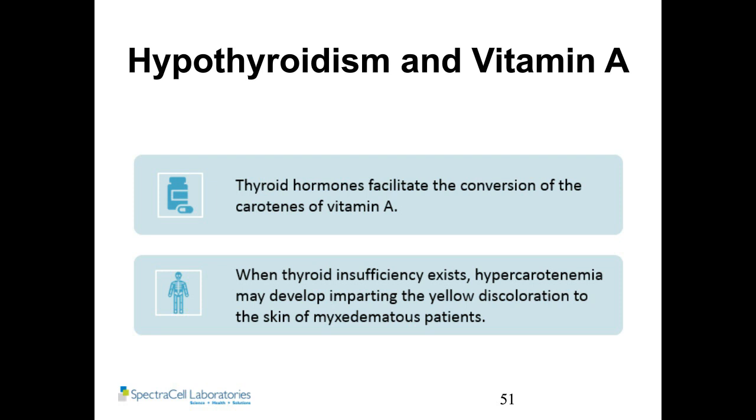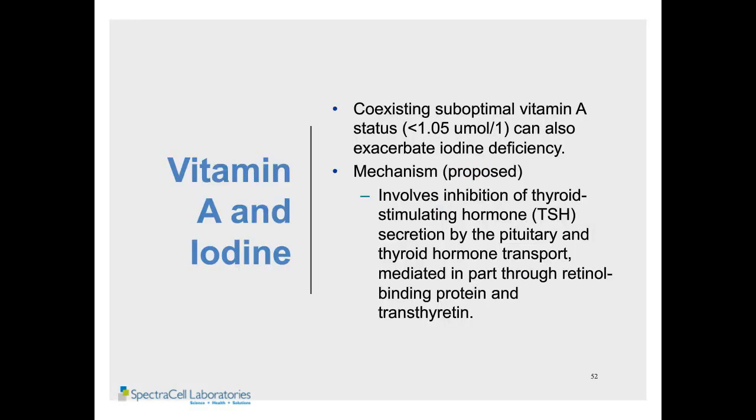On the other hand, if a person is low in thyroid hormone, they are not converting their carotenes into, once again, vitamin A. Vitamin A and iodine, there's definitely a connection. We have seen that when we have a vitamin A deficiency, it can also exacerbate an iodine deficiency. So once again, a nutrient that's very important for the GI tract, very important for the thyroid, but a lot of people are fearful of this particular nutrient because it's fat soluble.